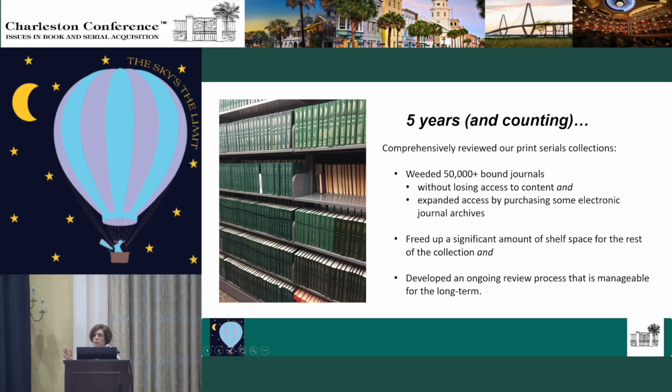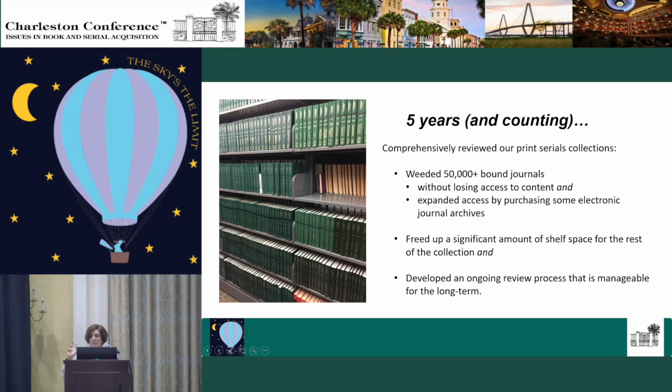So we wanted to ensure that our collection of bound journals, which were housed on our B2 level, we were consolidating all of our collections from the B1 and B2 level down onto B2, so we needed to make space. The easy low-hanging fruit was the bound journals, which are not really in great use at our small undergraduate liberal arts institution.